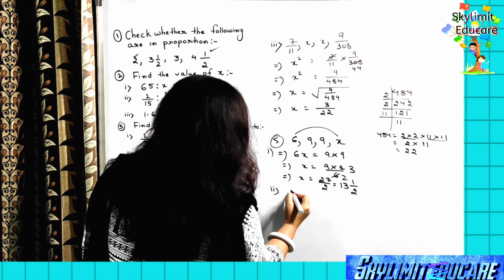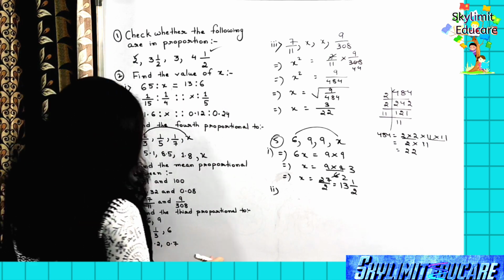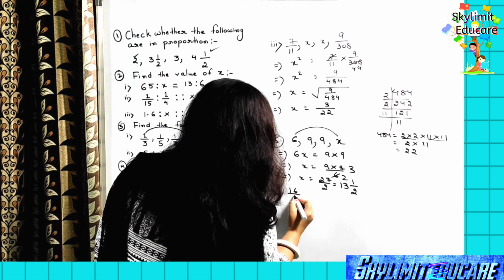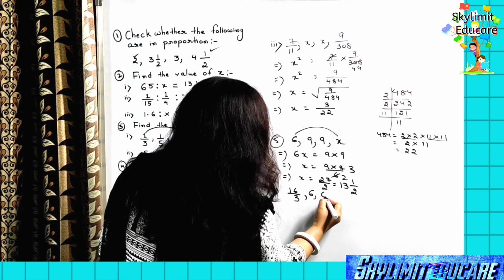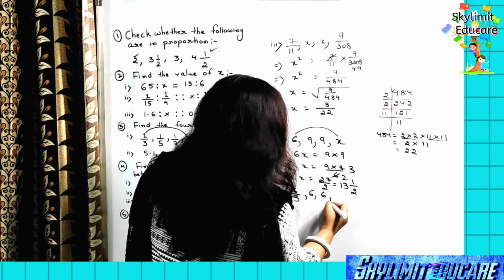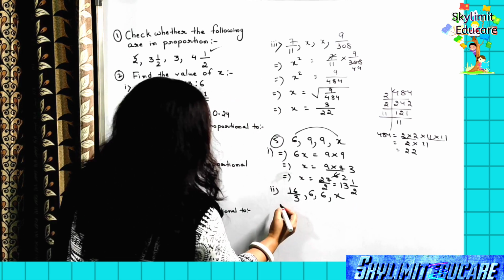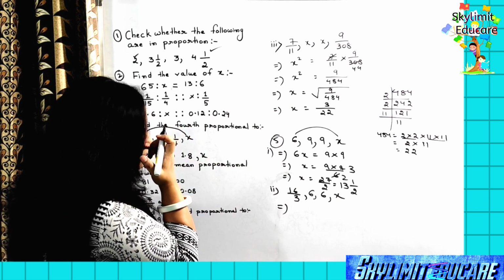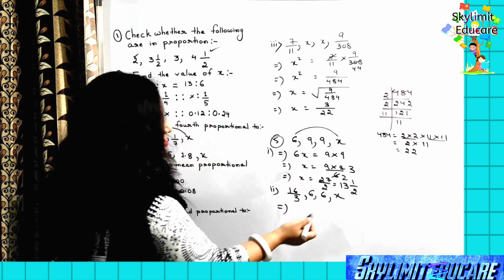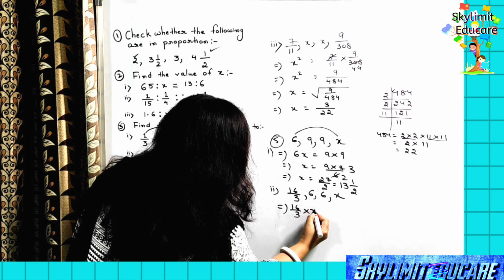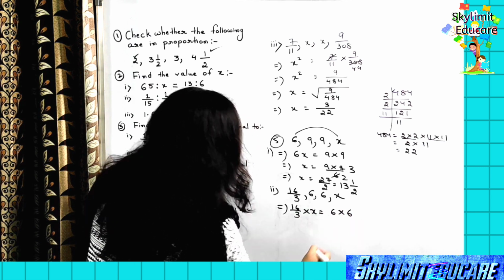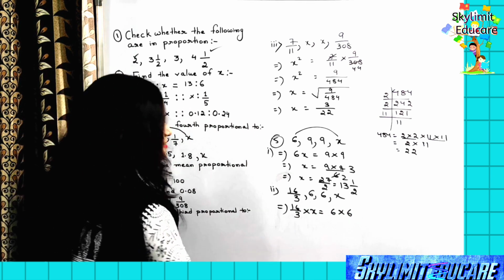5 whole 1 by 3 is same as 16 by 3. The second term is 6. Take the third term also to be 6 and let the fourth term be x. So obviously now the product of the extremes is, in the product of extremes you have x, so take the product of extremes first. 16 by 3 multiplied by x is equal to the product of means, 6 multiplied by 6.